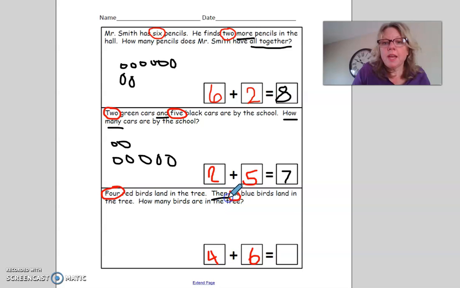This word right here, then, is important because I know that more birds landed in the tree. And how many birds? Doesn't matter the color, just how many birds are in the tree.